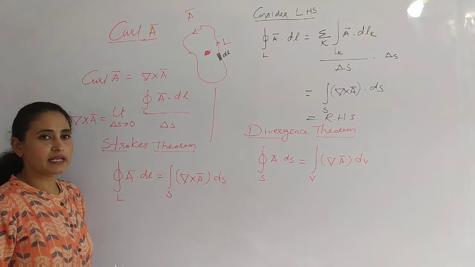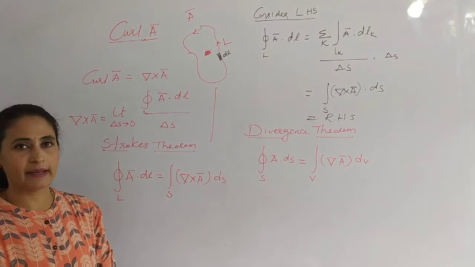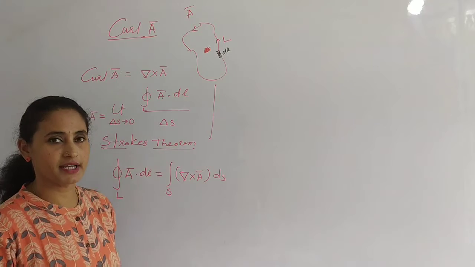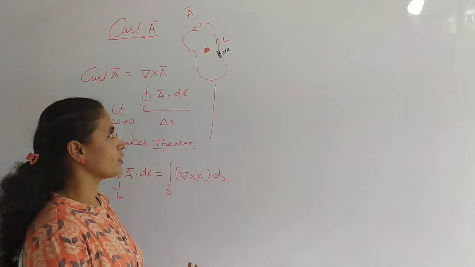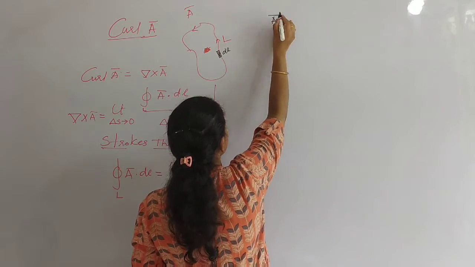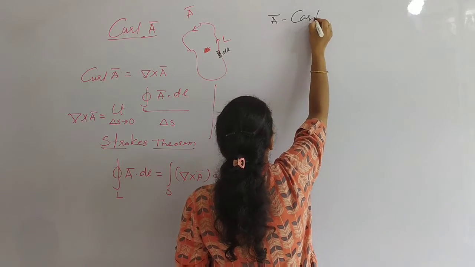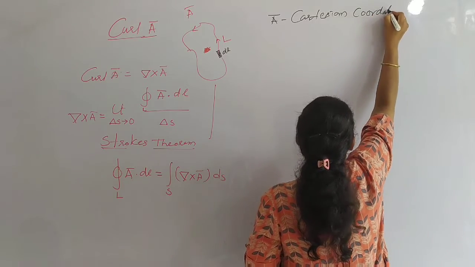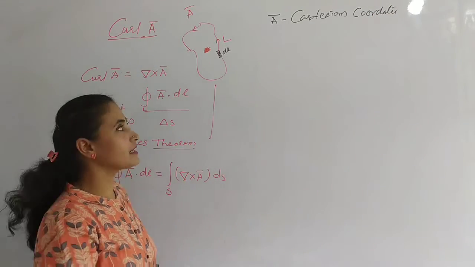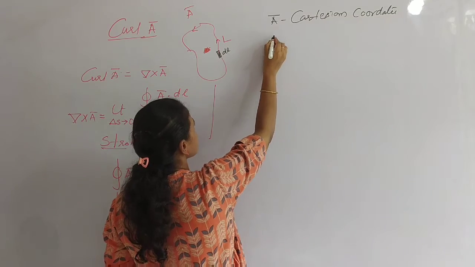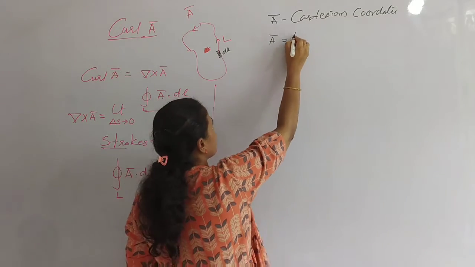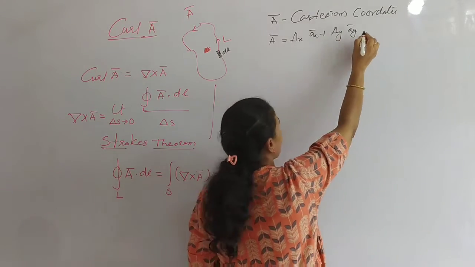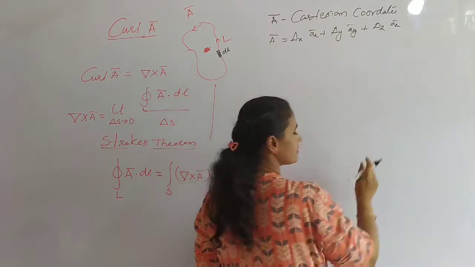Now we will see how to find the curl of A. We evaluate the formulas of the curl of a vector A bar in Cartesian, cylindrical, and spherical coordinate systems. If A bar is in the Cartesian coordinate system, then A bar is in the form Ax ax, Ay ay, Az az.